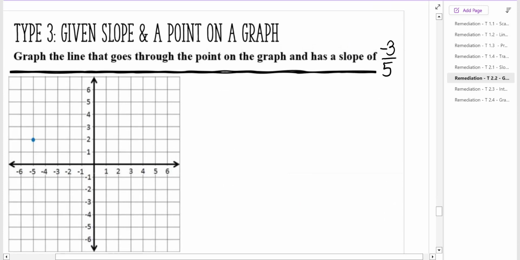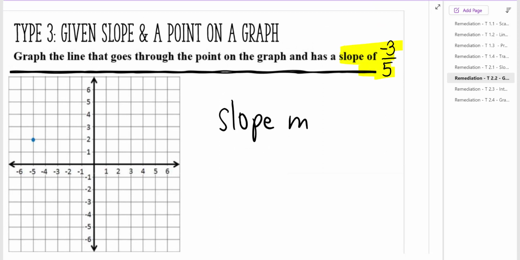Practice 3. Slope is negative 3 over 5. Negative 3 means down, 5 means right. And you have to touch the point on the graph. Okay, so your point is right here. That's where you're starting. So necesitas empezar aquí.